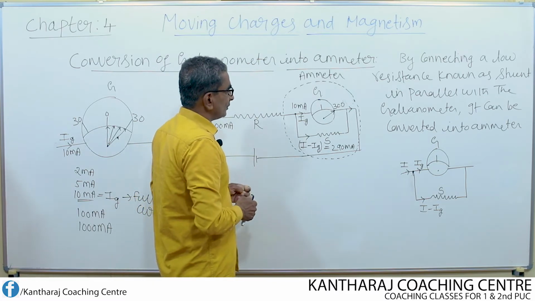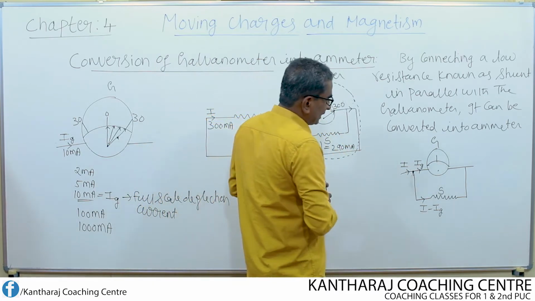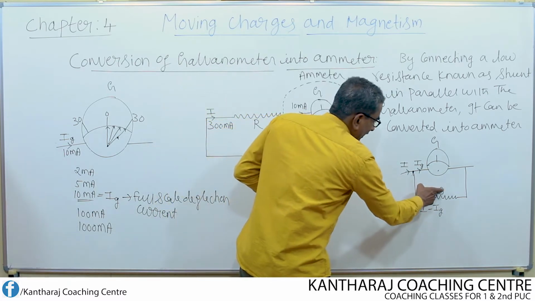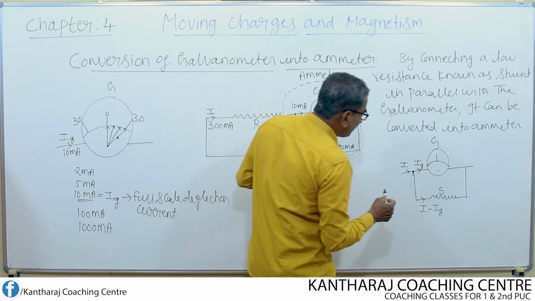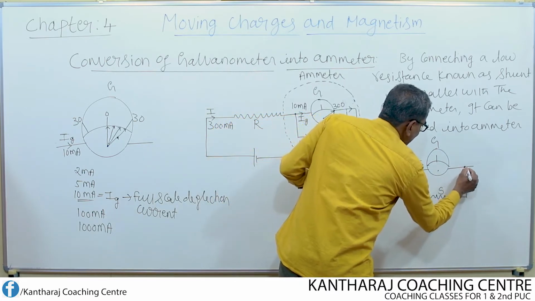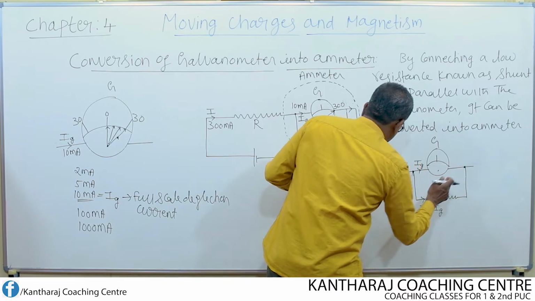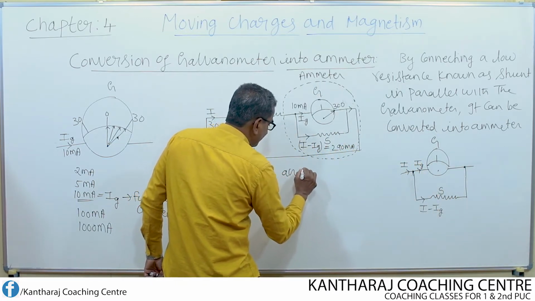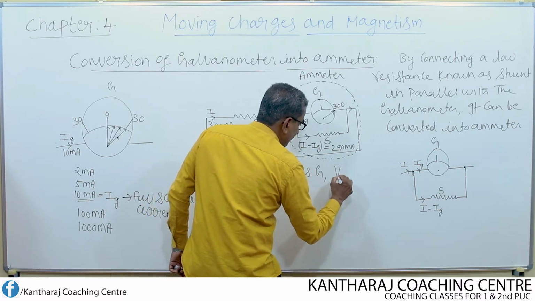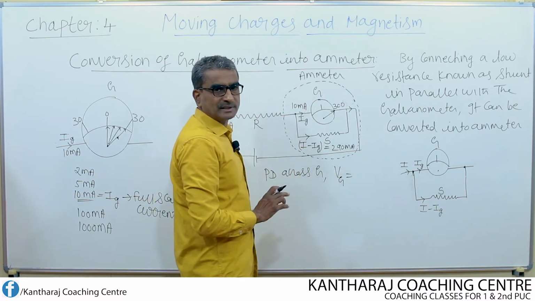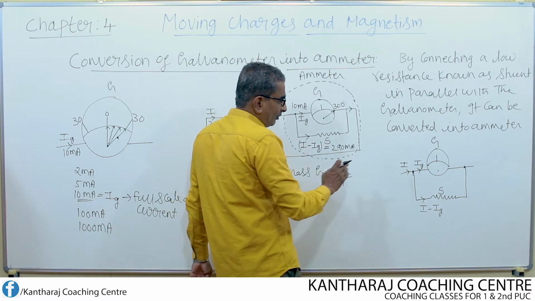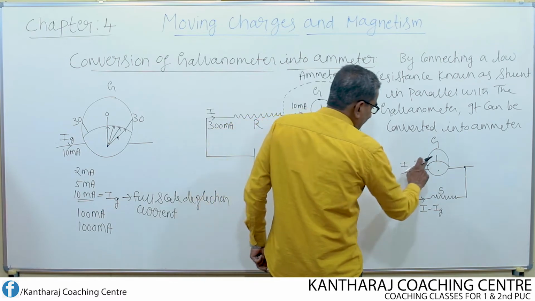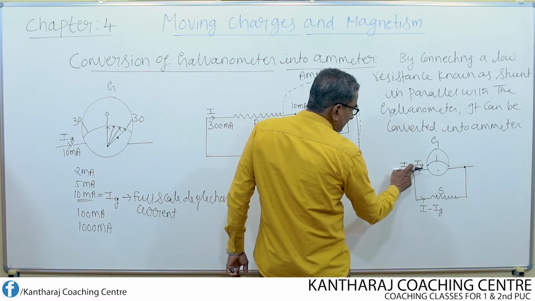Okay. So if you consider this ammeter part now, in order to calculate the shunt, what's the potential difference between the two ends of the galvanometer? I write like this: potential difference across G. I write this as Vg equal to, how do you write this potential difference? That potential difference is equal to, according to Ohm's law, current into resistance.